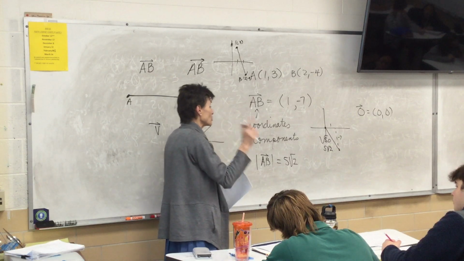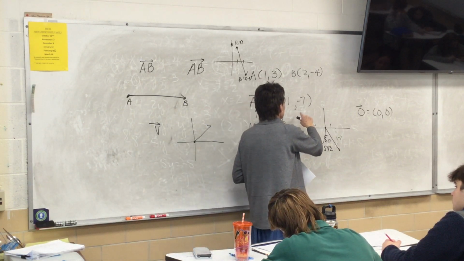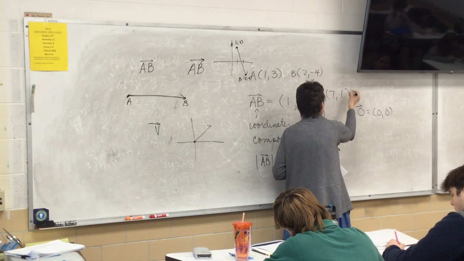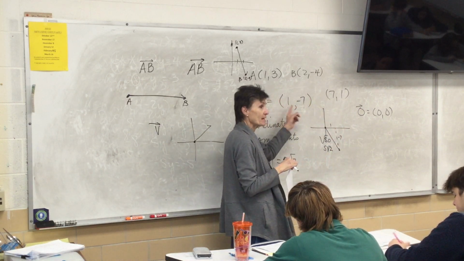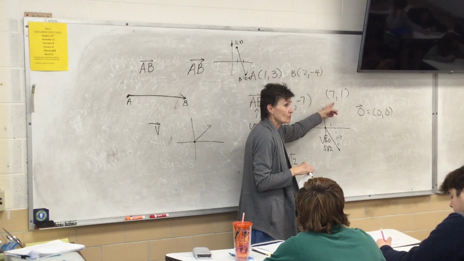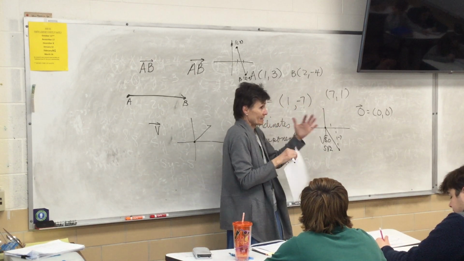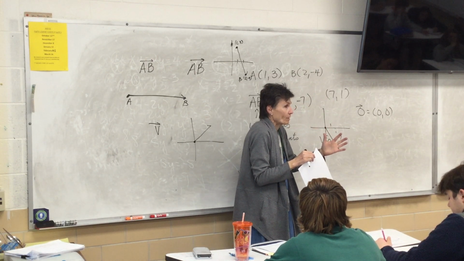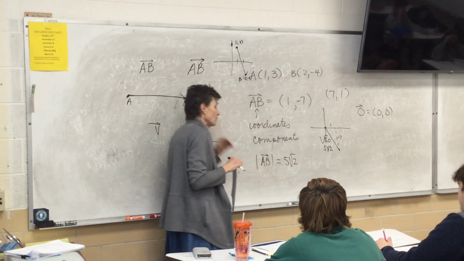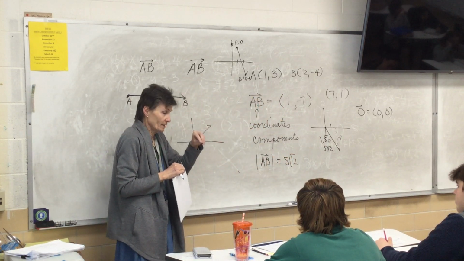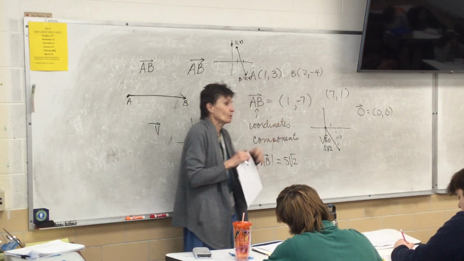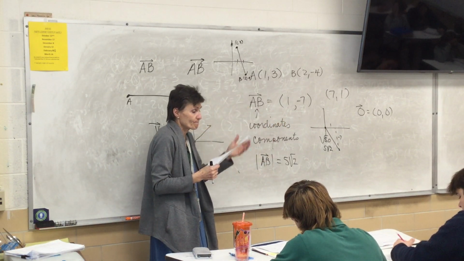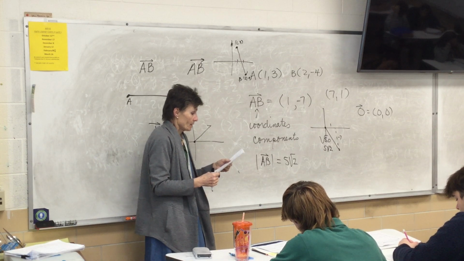Because, let's talk about that, just make sure you're clear on it. Would the vector (7, 1) have the same magnitude as my AB? But it's clearly in a totally different direction, right? So, in order to be equivalent, you must have the same direction and the same magnitude. In other words, the same directed distance.